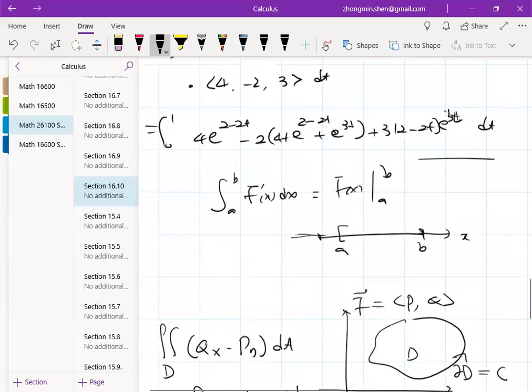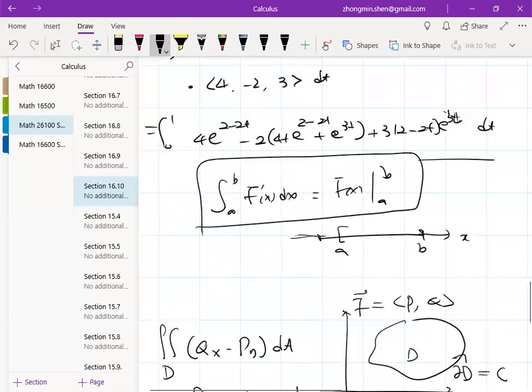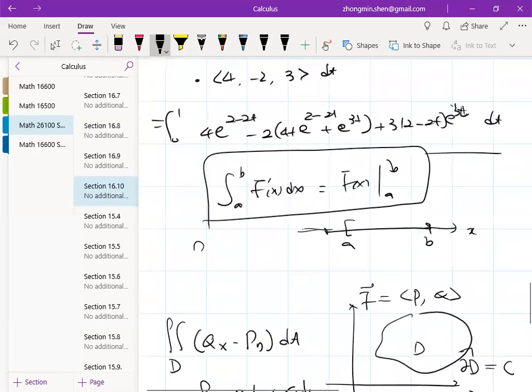And for this theorem, I can call it Green's theorem also in dimension one. It's the fundamental theorem of calculus. For this one, we use that to evaluate the integral. We have to find some function so that f prime x equals f of x. So we always try to find anti-derivatives.